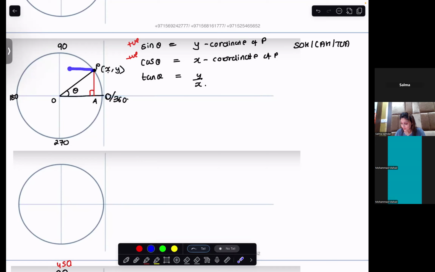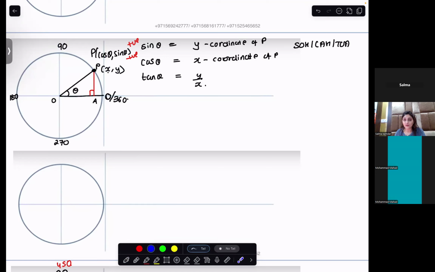Y is also on the upside, it is positive. So the x coordinate would be the cos theta, the y coordinate would be the sine theta. If you don't remember, put this P as cos theta, sine theta.